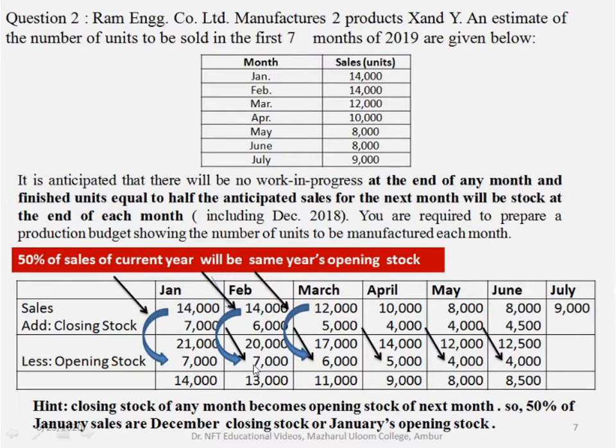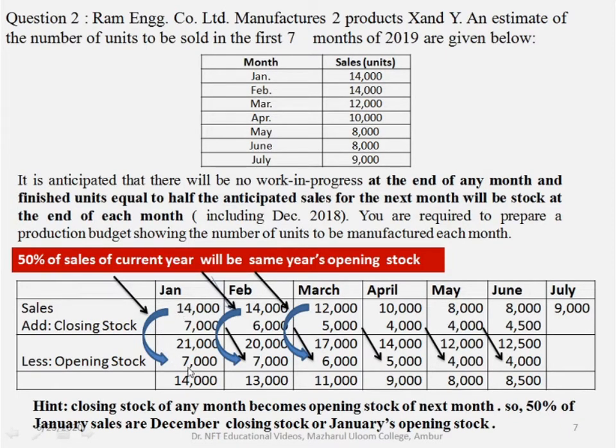Similarly, February's opening stock is 50% of February's sales. Similarly, for March, April, May and June, half of the sales is the opening stock.